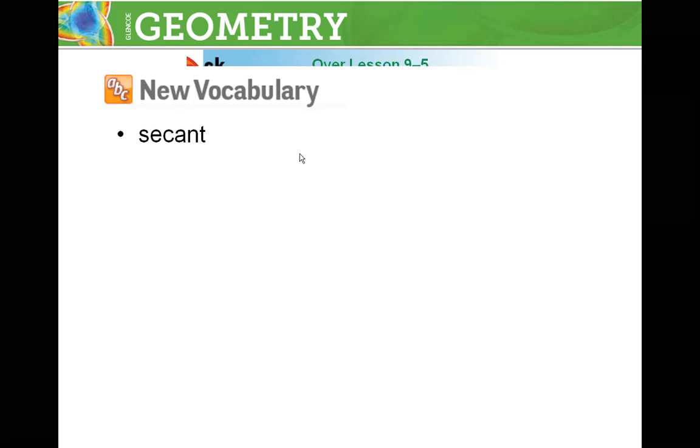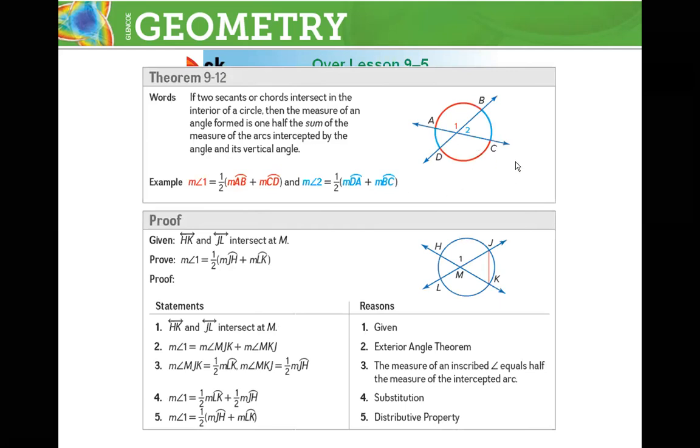The secant is like the chord, but it's a straight line, not a segment. The chord is a segment. So we have a secant called AC and a secant called BD. Secant means a straight line. I can say the chord AC, but if I talk about the secant, AC will be a straight line.